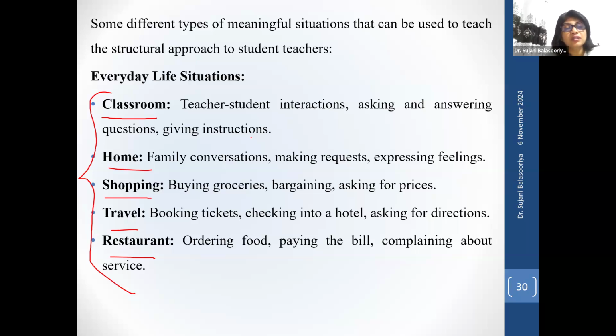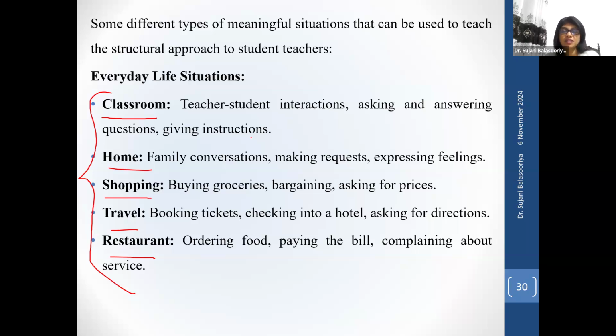And restaurant: ordering food, paying the bill, complaining about service. So these are everyday life situations that can be used to practice or to teach the structural approach to the students, especially to the student teachers.